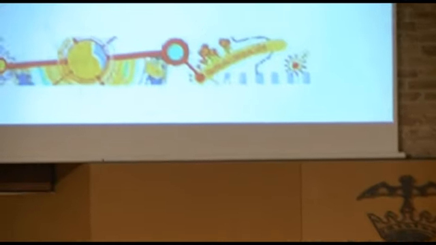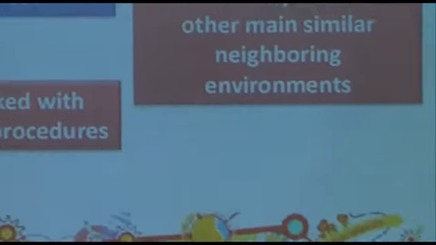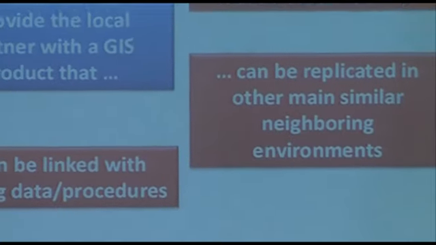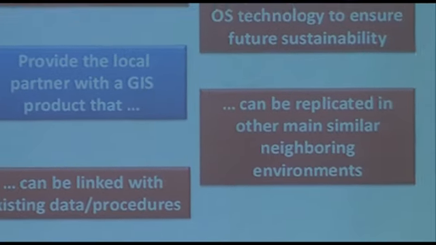Basically, the main objectives of the two consultancies were more or less the same. It is to provide the local partner with a GIS product that is easy to use and update regularly. Just to open a parenthesis, that local partner did not have any knowledge about GIS, GPS, collecting data, mapping, and so on.